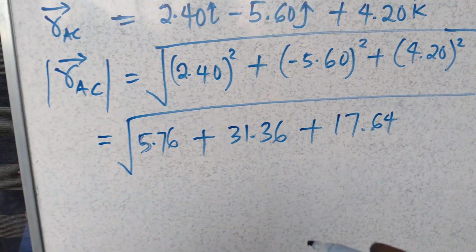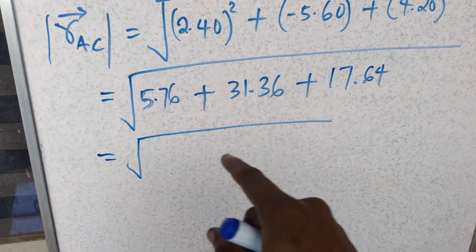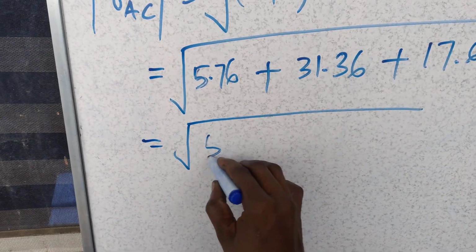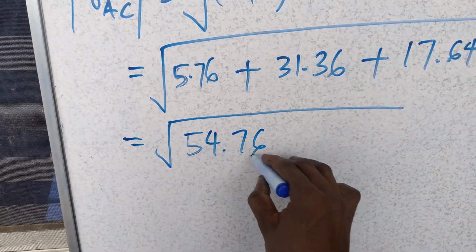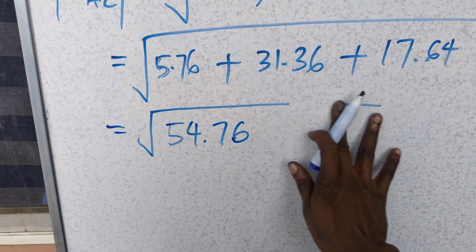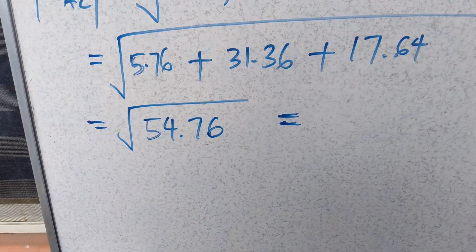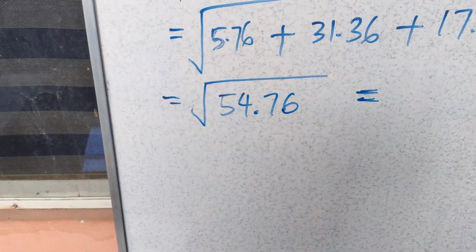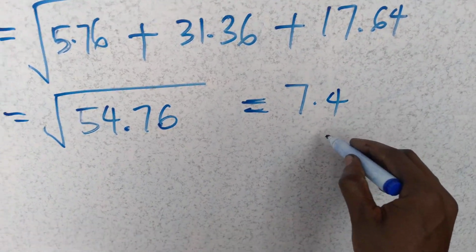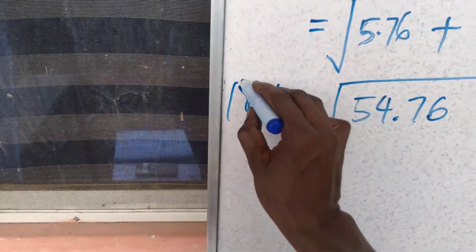When I add everything, I have 54.76. The square root of 54.76 gives me 7.4. This is my modulus RAC.